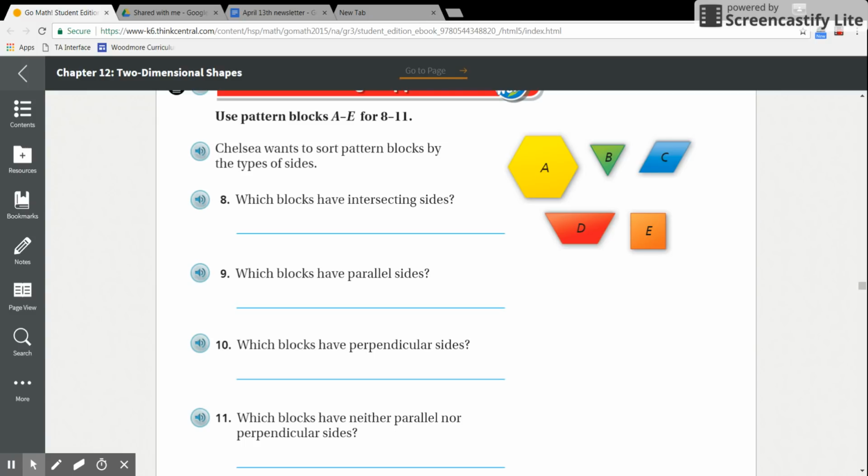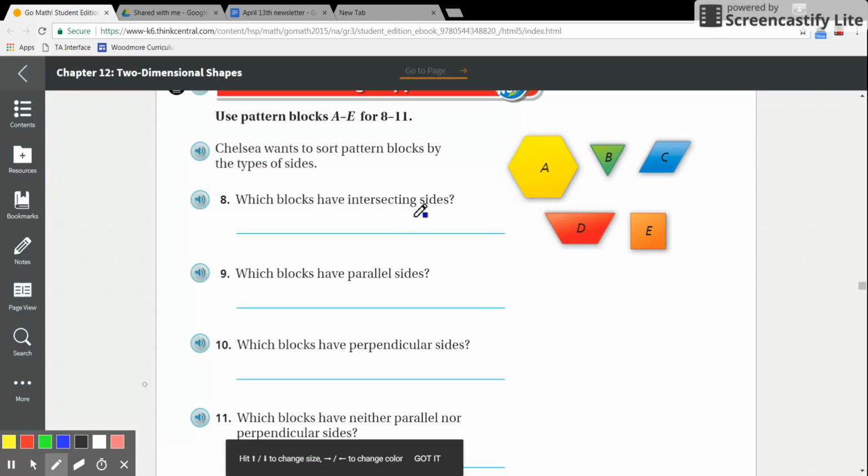So let's look at number 8. It reads, which blocks have intersecting sides? Intersecting is anytime one line runs right smack into the other line. What's a little bit confusing here is that when you think of intersecting, you think of lines that make an X like that.